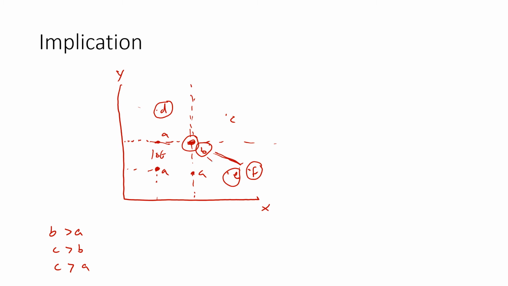Then B should definitely be preferred to E, because F is more preferable to E. So this is the property of continuity, because E and F are very close together, and if B and F are equally preferred, then B will be more preferred than E, if F is more preferred to E.